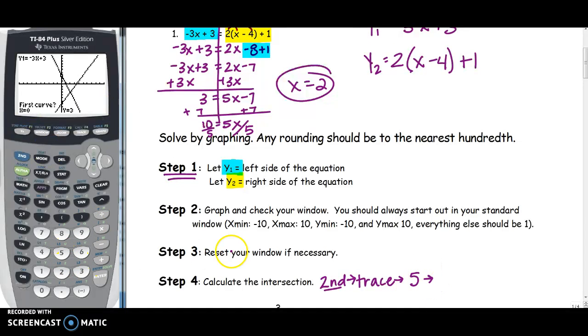All right, and then you'll see first curve, second curve, and guess. So I want you to press enter 3 times. So 1, 2, 3. This intersection is where those two lines meet. What is your x value? X is 2.